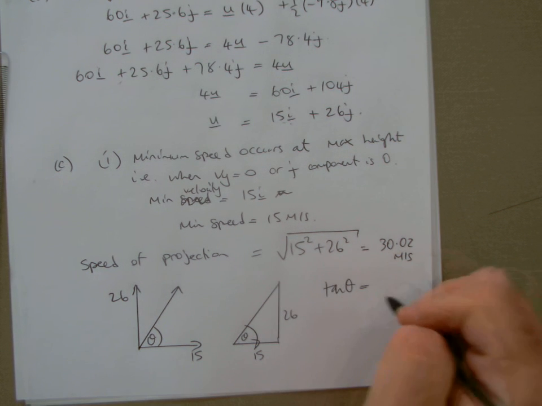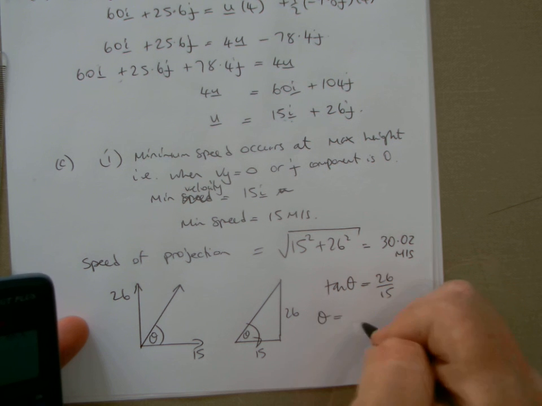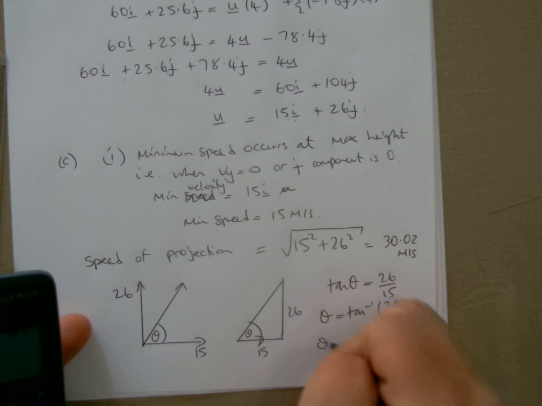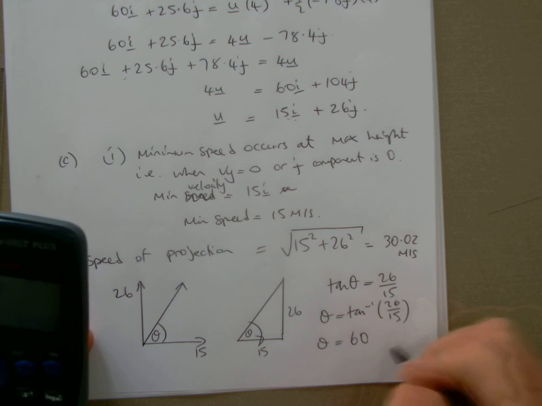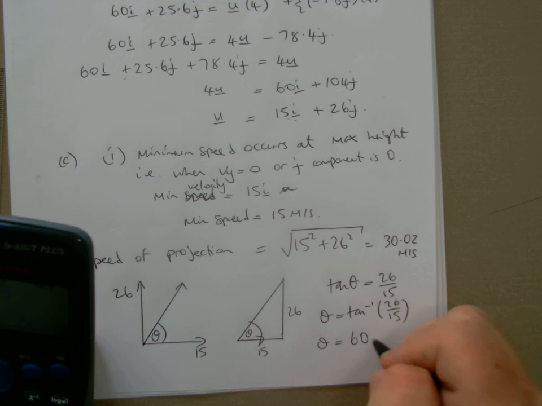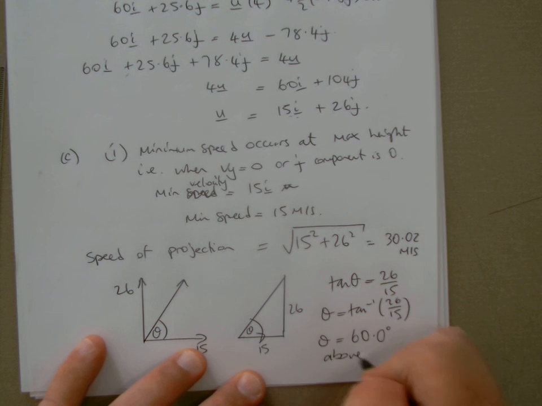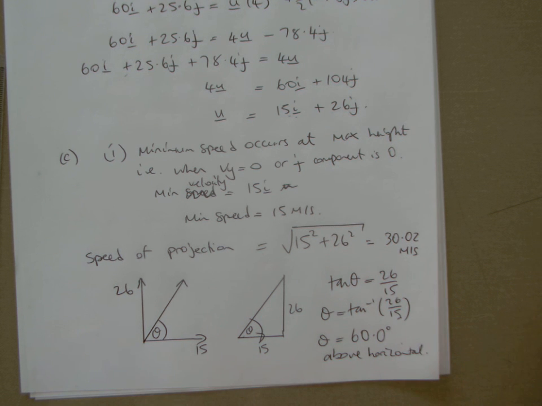Tan theta is 26 over 15, so theta will be tan to the minus 1 of 26 over 15. So theta will equal 60.02 degrees, so 60.0 degrees to 1 decimal place, or exactly 60. And we could say above horizontal, so 60 degrees above the horizontal.